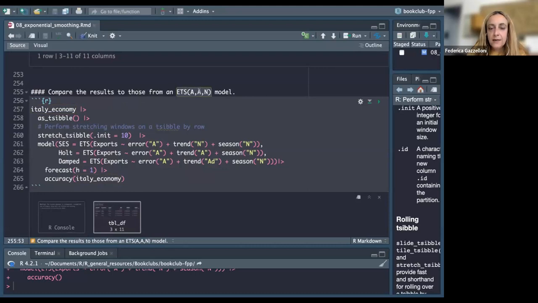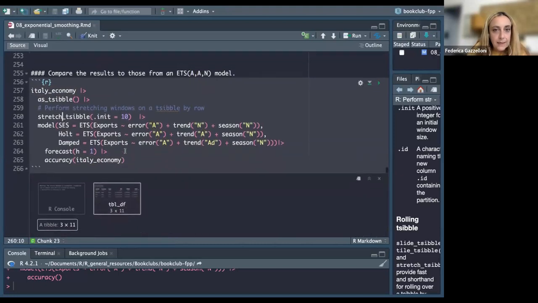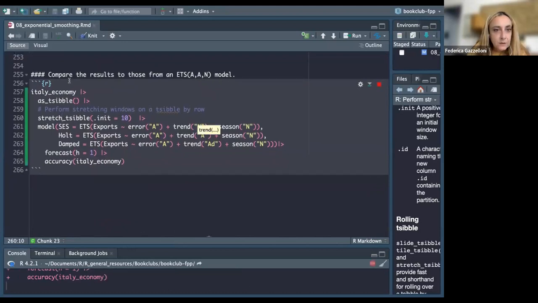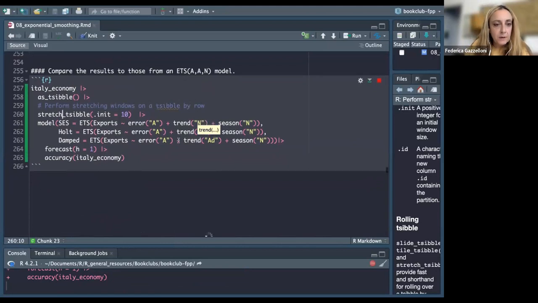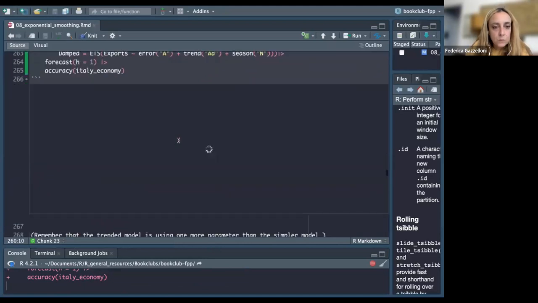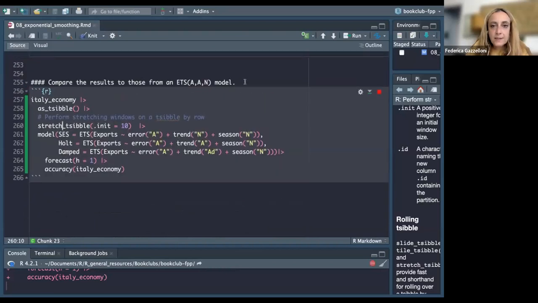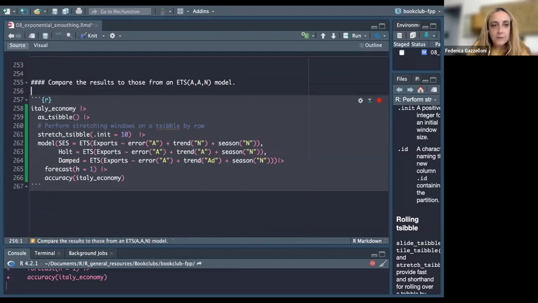So now we are adding the trend component, basically. I think I should do the same as I did before.